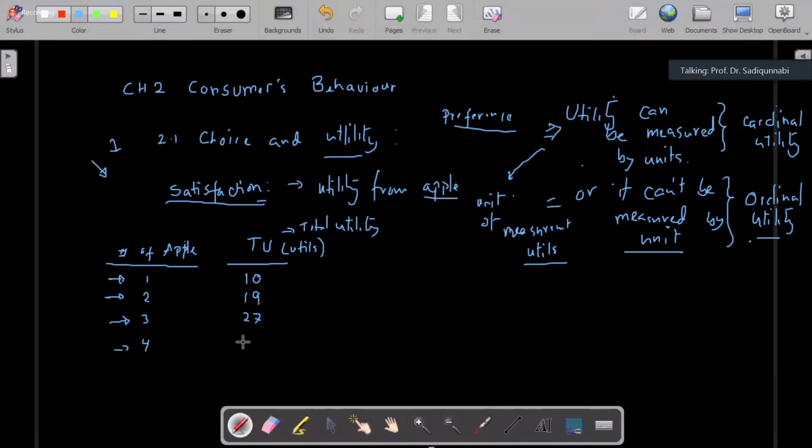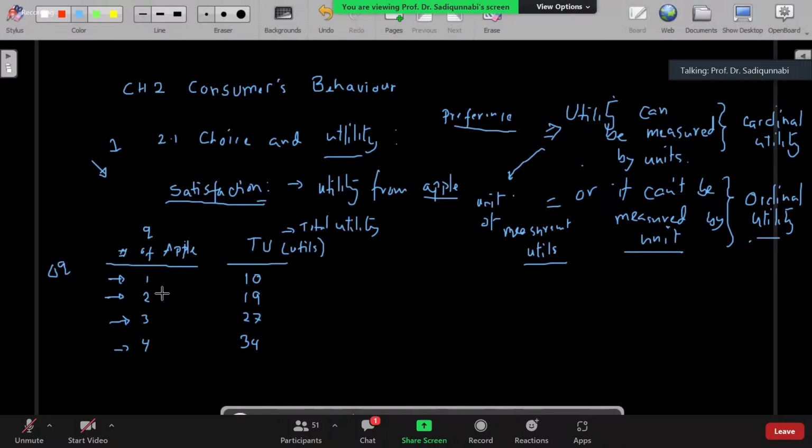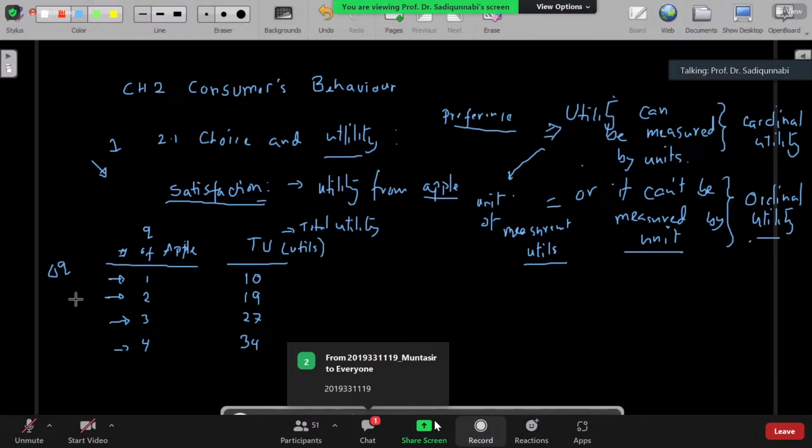Maybe for 4, you are not getting 40, suppose 34. So you see there is a change in the number of apples, Q, and a change in total utility.